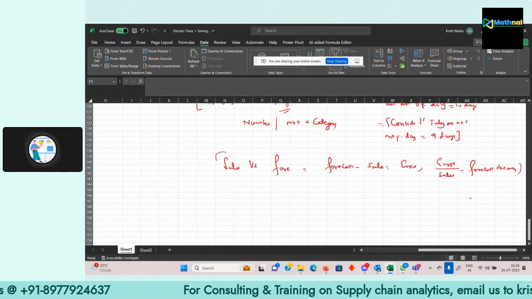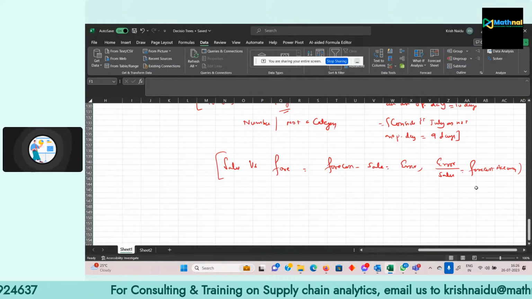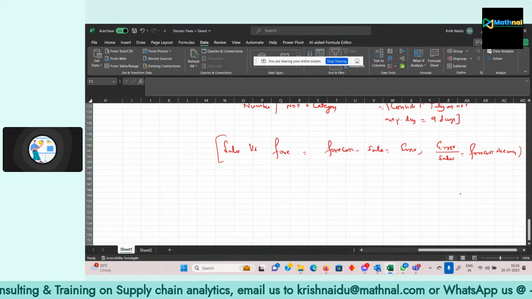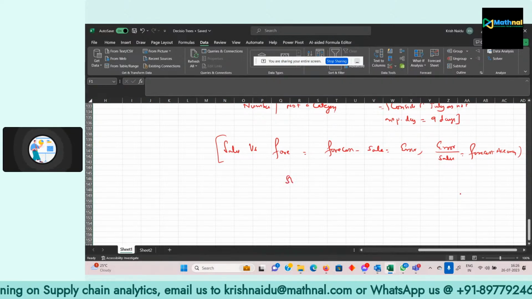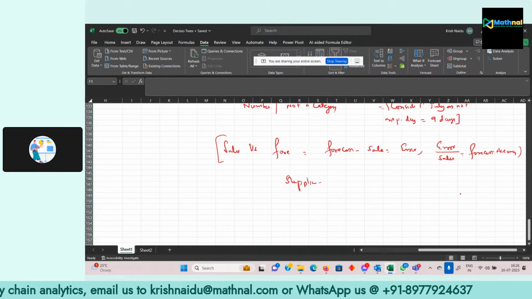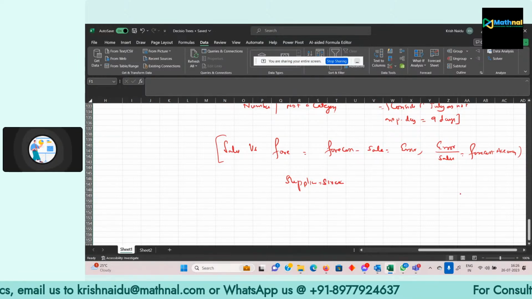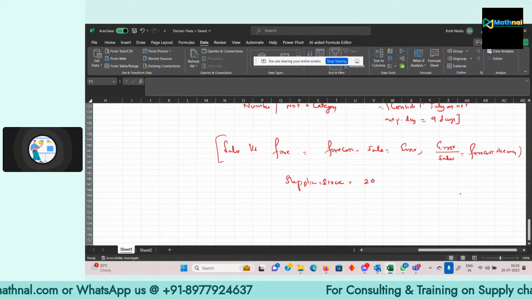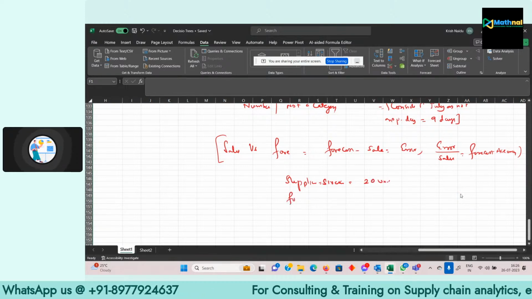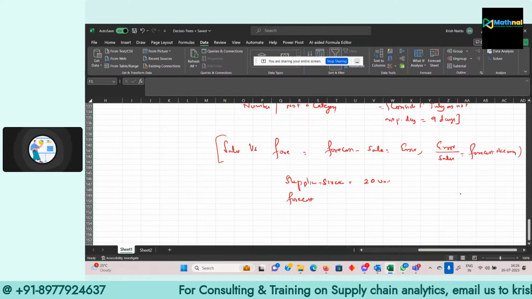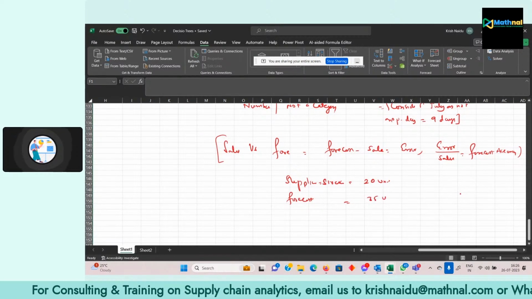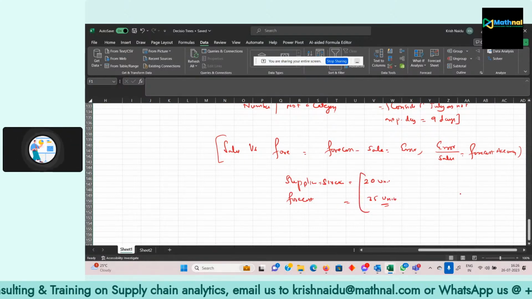Okay, but in our case, this is not the way we are going to measure. So what happens here is that we are going to take the data from supplier stock. Say supplier stock is 20 units, and we forecasted that we will require 35 units from the supplier.